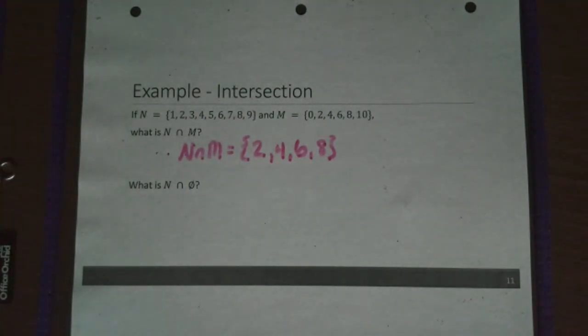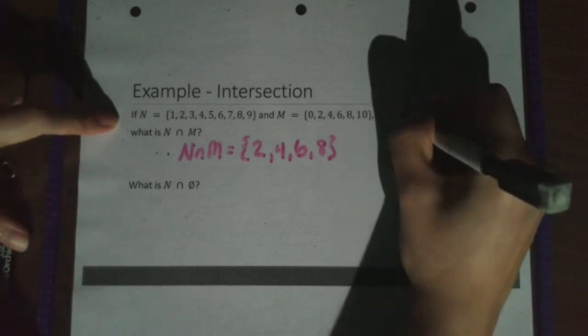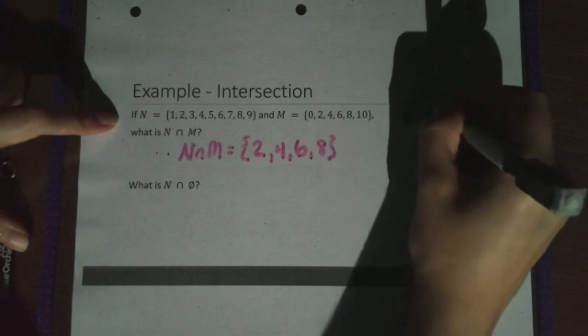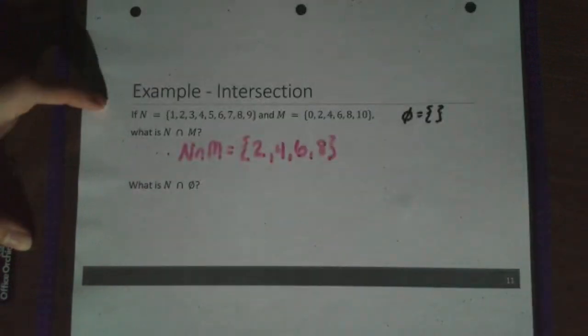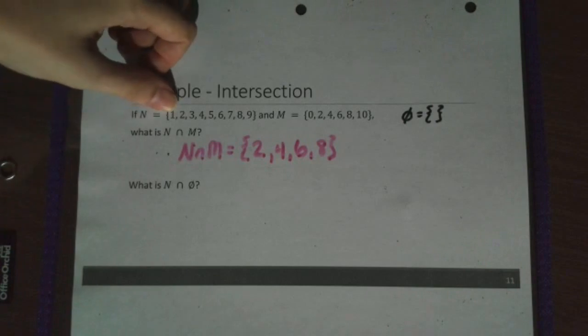Now we want to know what is N intersect the empty set, or the null set. Well, we see that N contains 1, 2, 3, 4, 5, 6, 7, 8, 9. Our empty set doesn't have any elements. So we're trying to figure out what is in our set N and in our empty set.